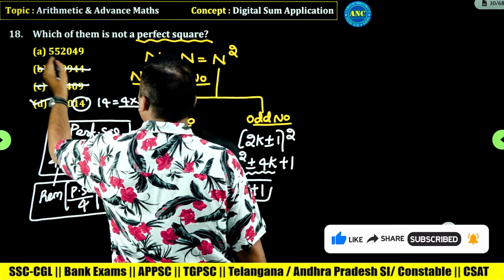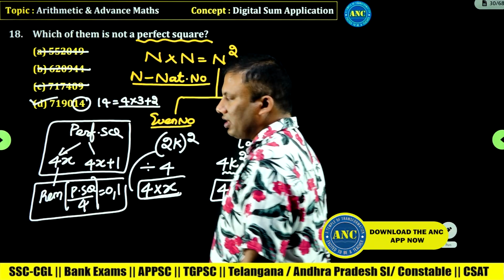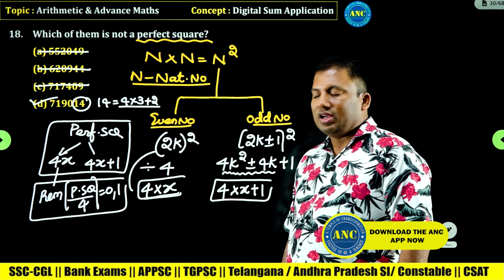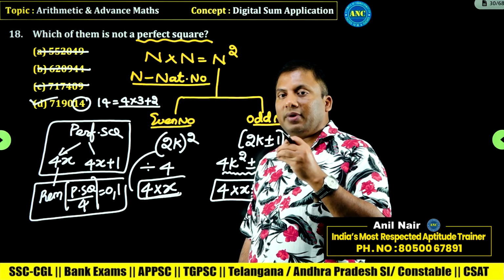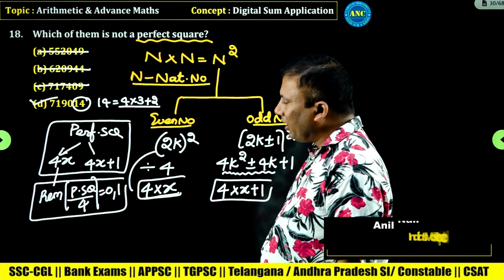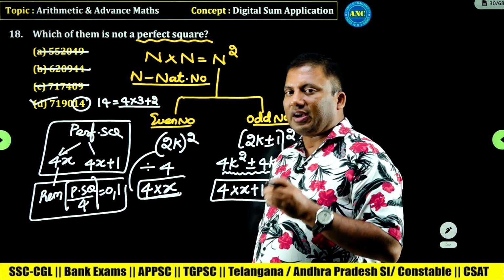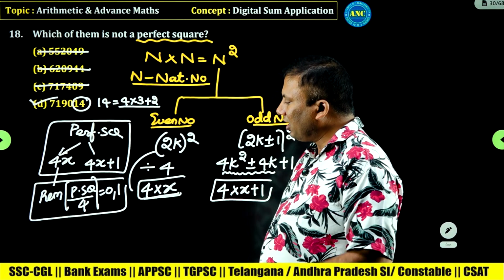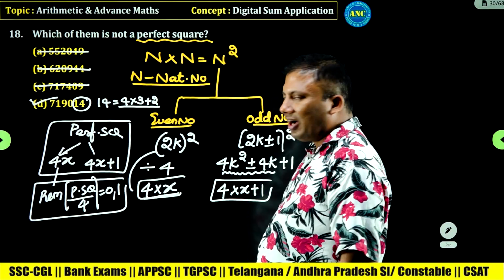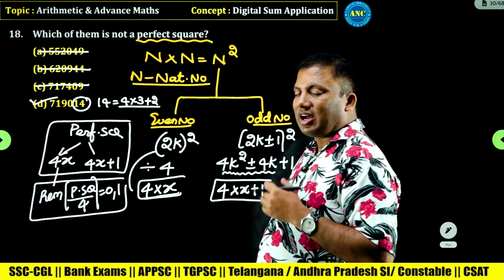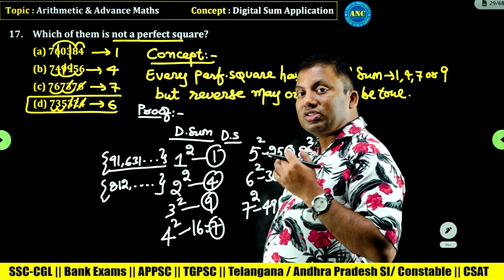The question is which is not a perfect square, so the answer has to be option D, 719014. When divided by 4, it gives a remainder 2. If it were a perfect square, it should give a remainder 0 or 1. The 18th question is a concept on perfect squares.